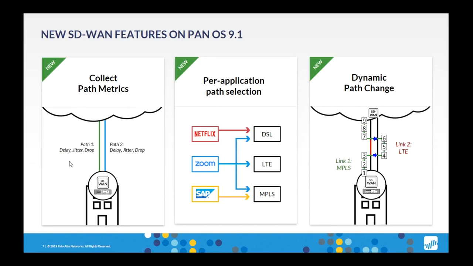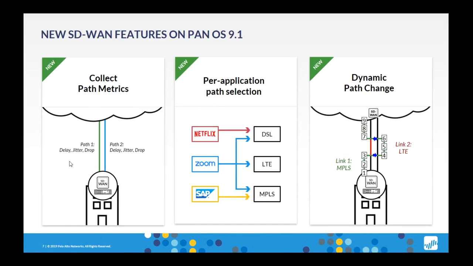Then there is per application path selection. This is more for SaaS applications or cloud based infrastructures, where per application path selection traditionally doesn't work.